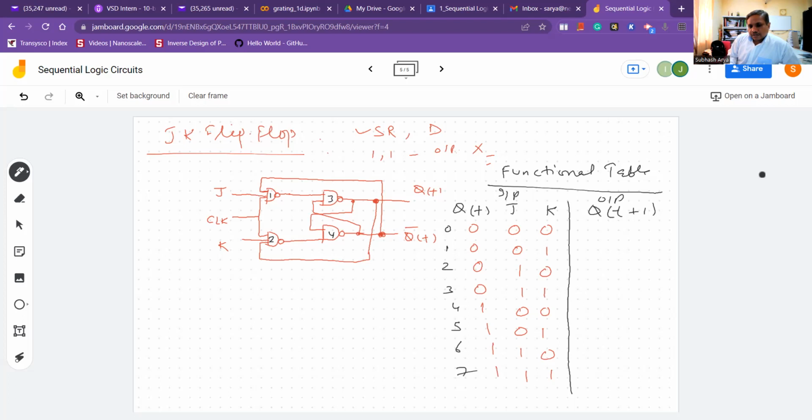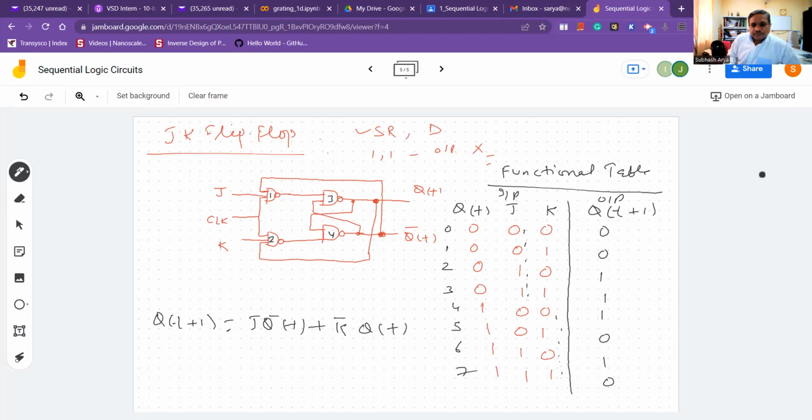I will not consider all cases; you can verify. I will write the output here and then you can verify. So this will be 0 0 1 1, and then 1 0 1 0. For the first four rows, the output follows J, and for the rest four it follows K bar. That is why the characteristic equation is J Q(t) bar plus K bar Q(t).